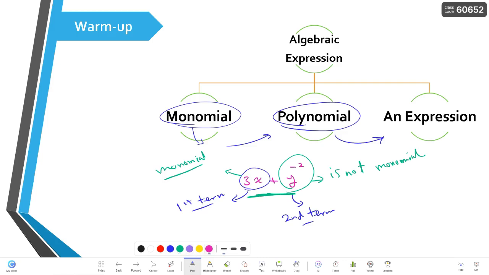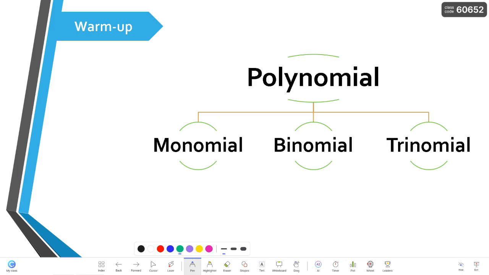On the other hand, if we have something like 3x plus y raised to the power of 2, we can simply notice that the first term is a monomial, while the second term is a monomial as well. Since we are talking about two monomials added together, this is a polynomial. Further, if a polynomial has one term, this could be a monomial.